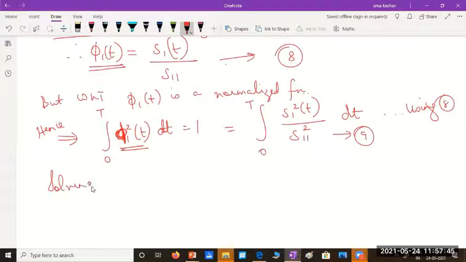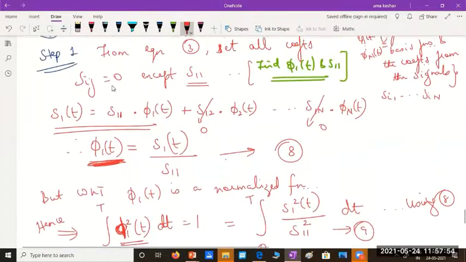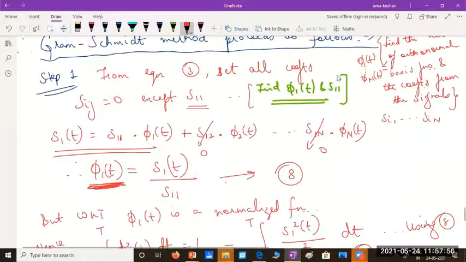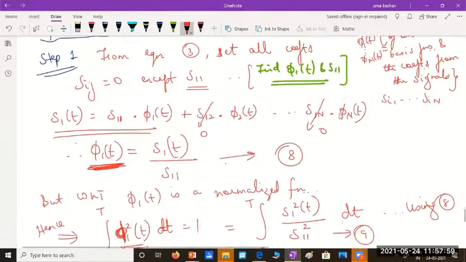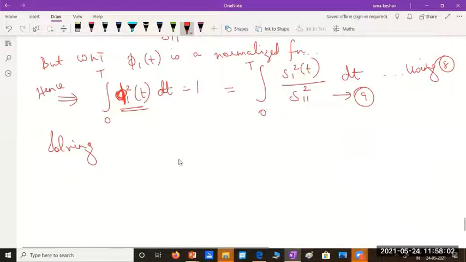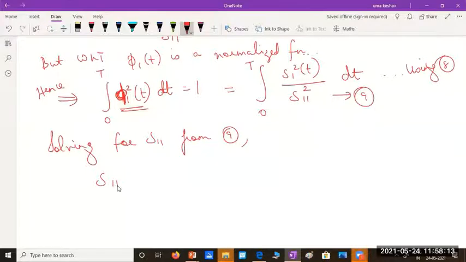Solving. I've already found the value of the first basis function, phi 1. And what is the other aim in this Gram-Schmidt method? To find the coefficient for each case. S11 I should find now. After finding phi 1, I should find S11. So solving for S11 from equation 9, the left hand side is 1.